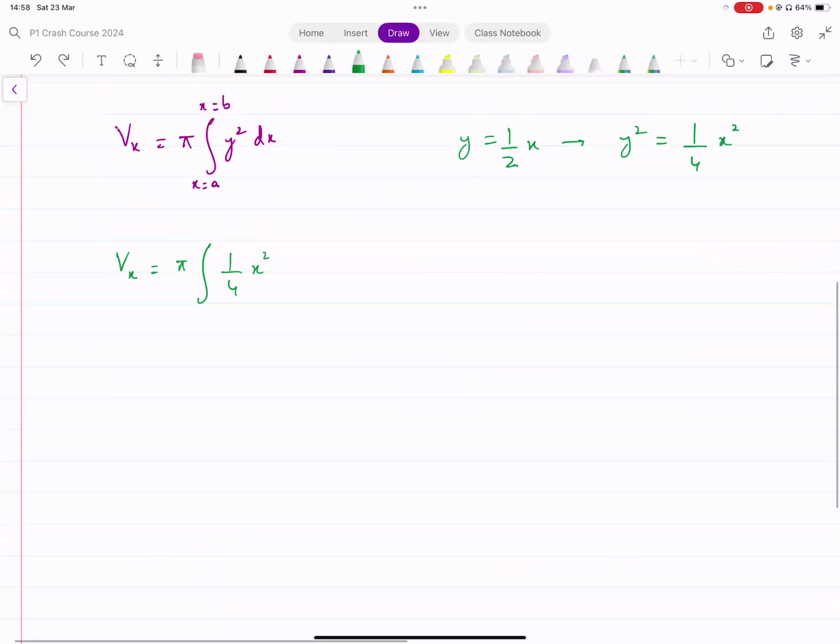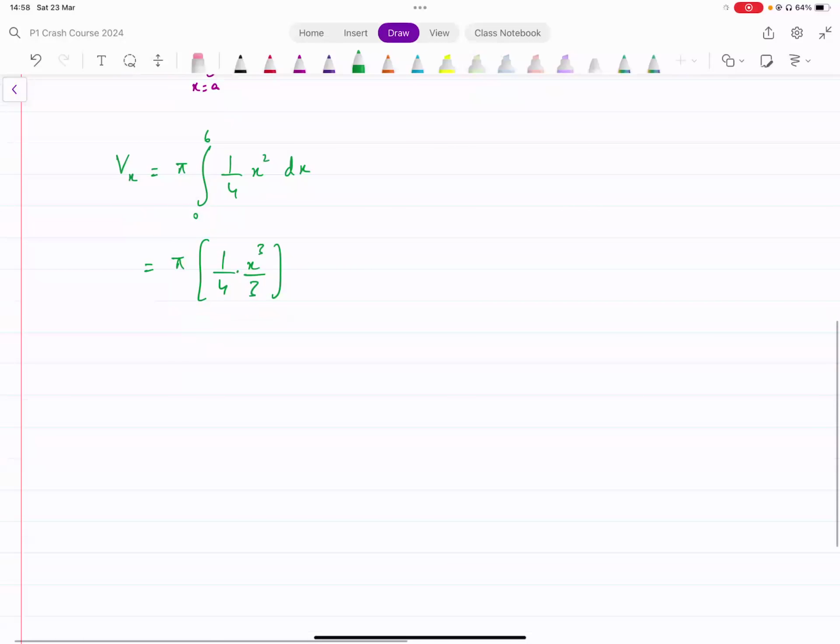Let's input those limits here and see what that gives you. Pi times the integral of this thing. What's the integration of this? 1/4 times x squared. 1/4 remains as it is. Integral of x squared is x cubed divided by 3, right? Limits are from 0 to 6.